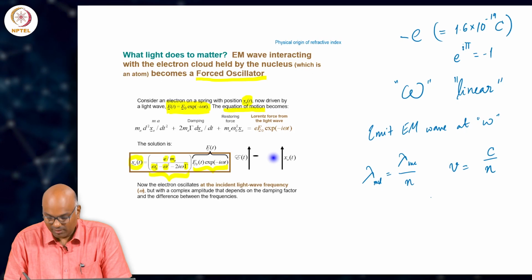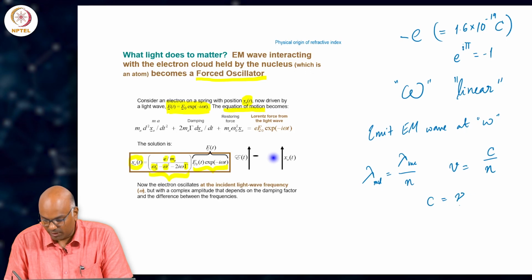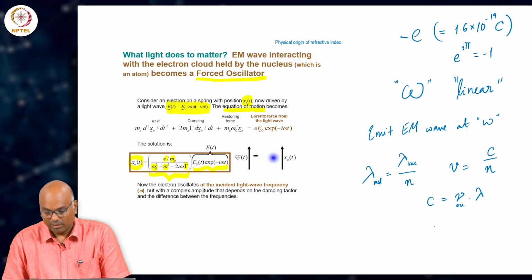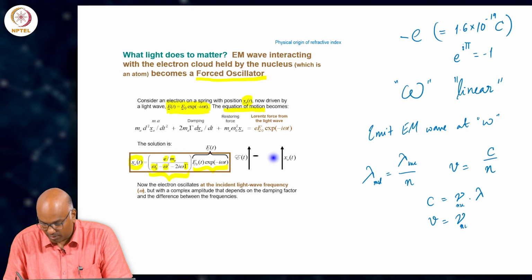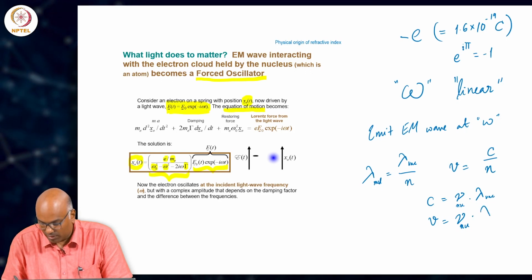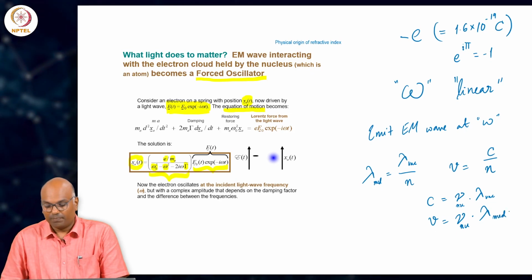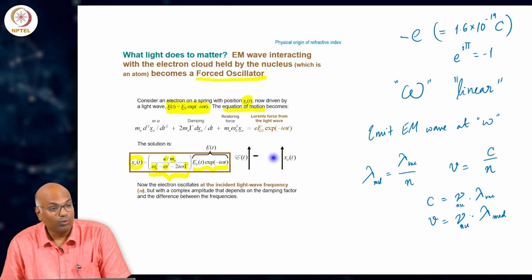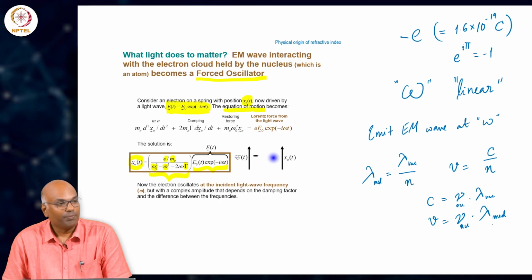And we were told c is nu times lambda, or v is again the same nu, here it is vacuum because c is in vacuum, here it is lambda of the medium. v, the velocity of light in a medium, is nu, its original and unchanged frequency, times the wavelength in the medium.